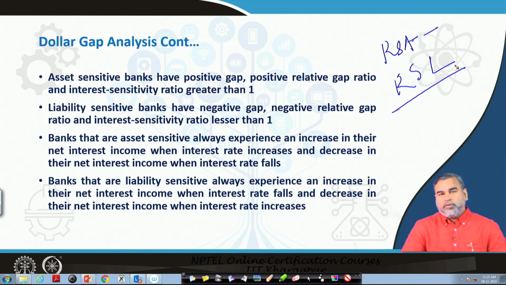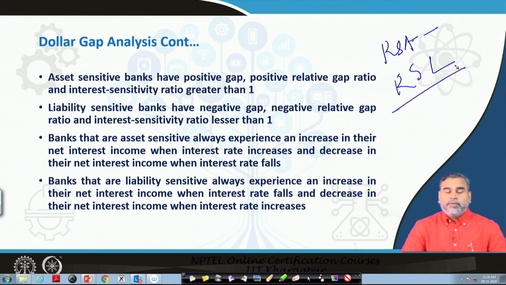If your rate sensitive assets are more than the rate sensitive liabilities and the interest rate is going up, then the income generation through interest will be more if this commercial bank is dominated by rate sensitive assets, or their dollar gap is positive. The reverse will happen if the bank is dominated by rate sensitive liabilities.